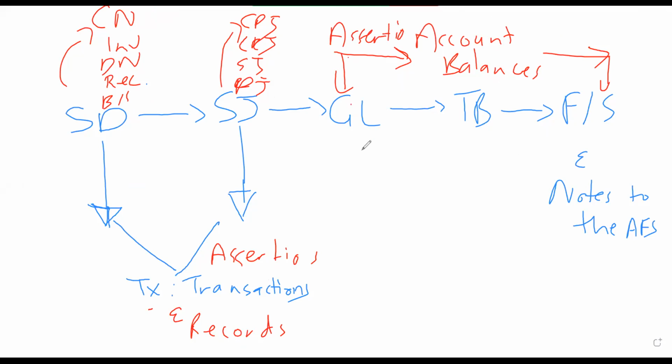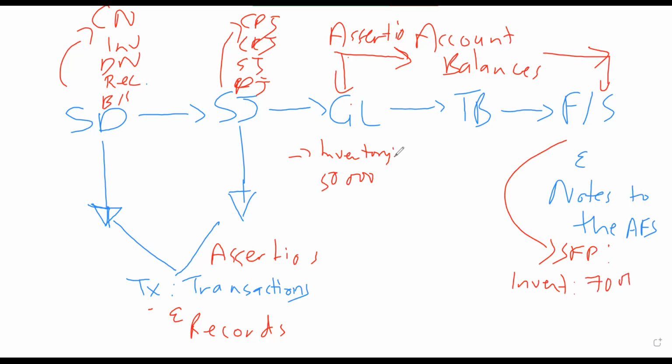So it's also possible that we can have a balance here in the GL of inventory. Let's just assume this is the inventory account in the GL. The balance is saying 50,000. But when you go to the statement of financial position and look at the inventory account balance recorded there, it's saying the inventory amount is 70K, 70,000.